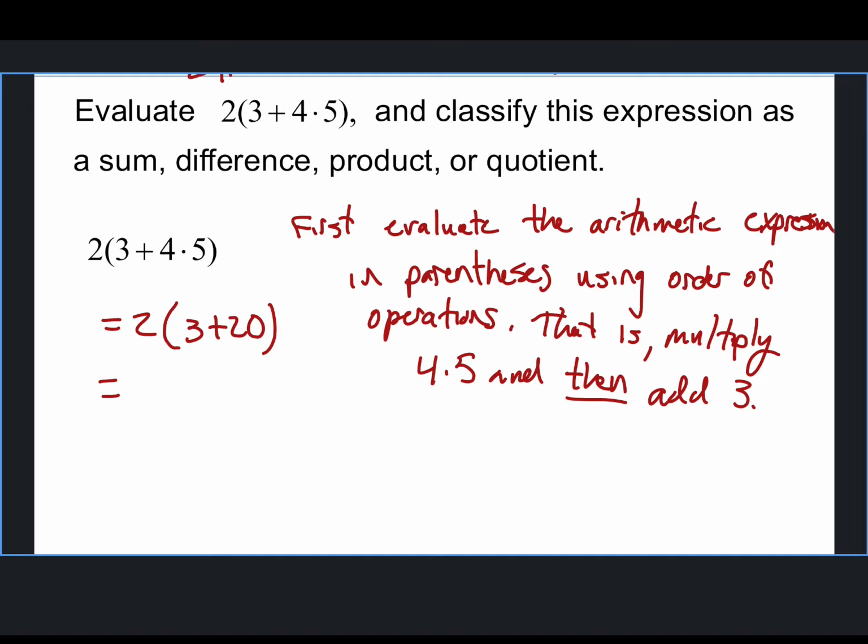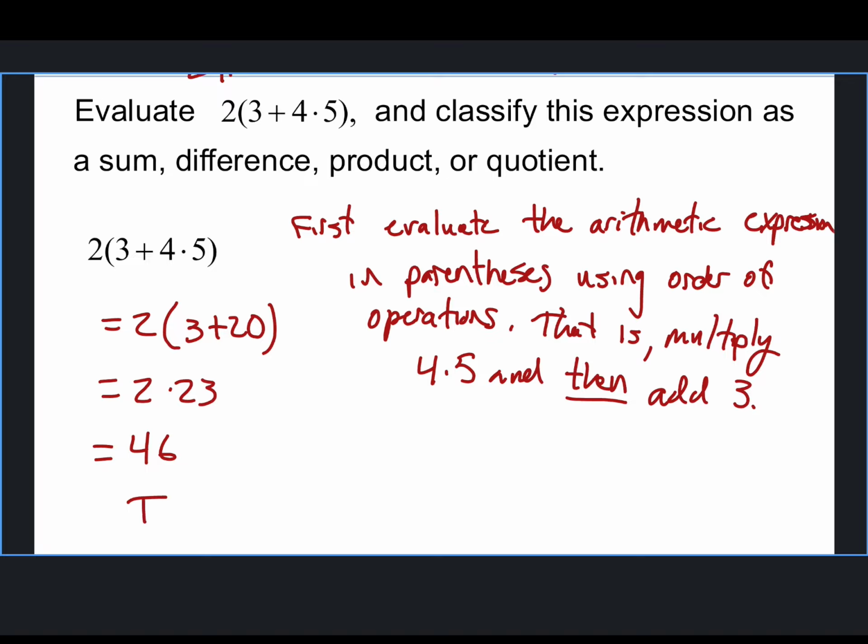Now we add that 3 and 20 together. 23. So 2 times 23 is 46. What was the last operation we did? Multiply. That means this expression is a product.